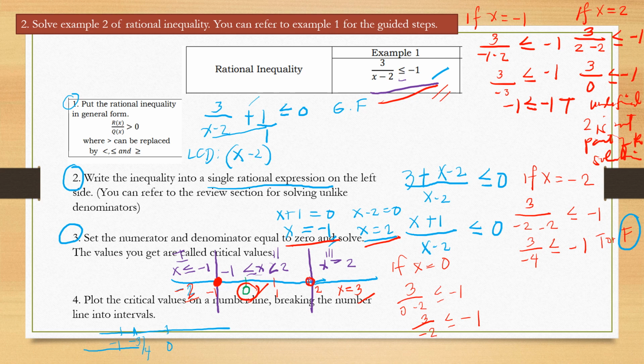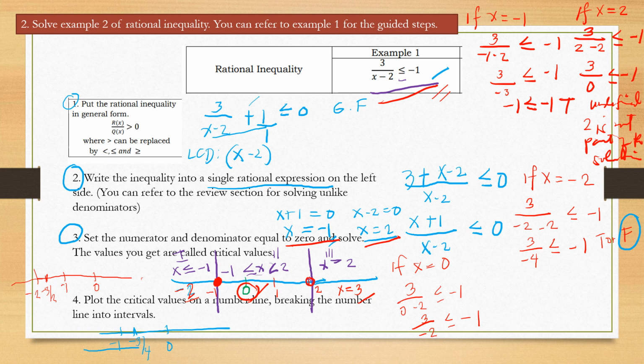Okay, balik tayo sa number line. Sa number line, ito ang 0, ito ang 1, negative 1, ito ang negative 2. Ang negative 3 over 2 ay nandito. Negative 3 halves yan. So, ibig sabihin, mas malaki ang negative 1 kaysa sa kanya.